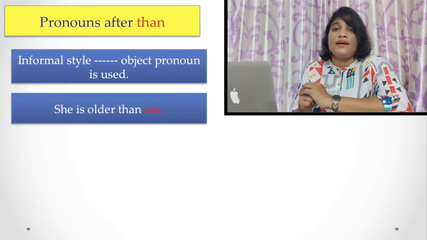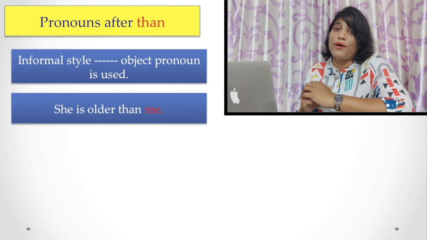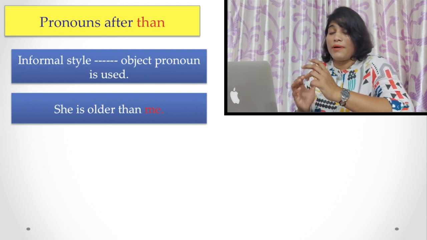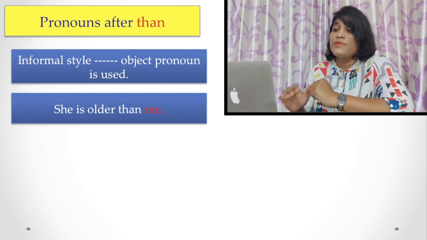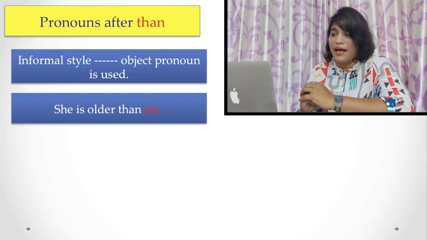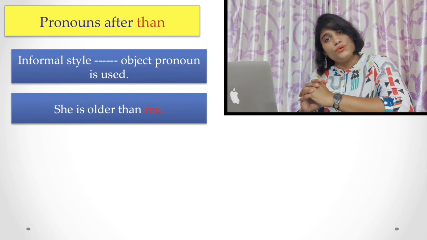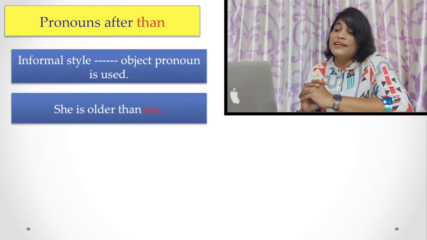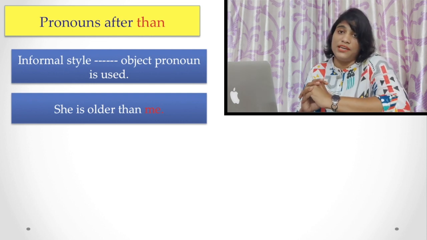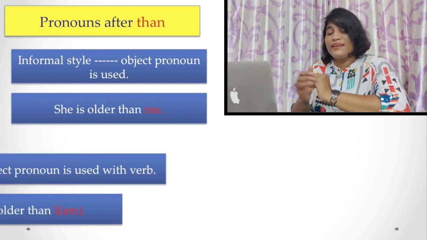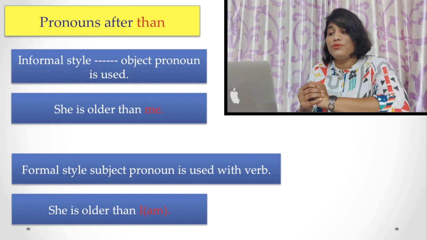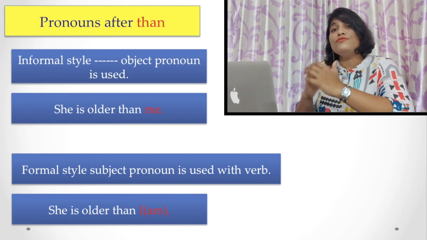Now, come to the pronoun after than, which pronoun you have to use. In informal style, the object pronoun is used after than. That is, she is older than me. It is an informal style of speaking. But in formal case, you have to use the subject pronoun with a verb.